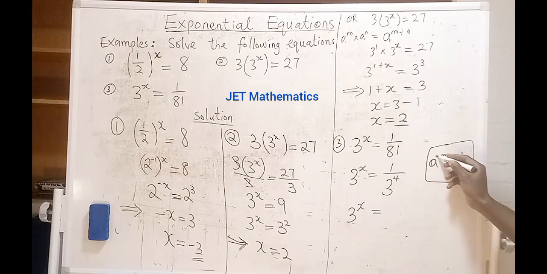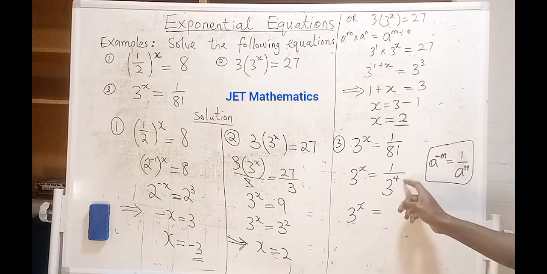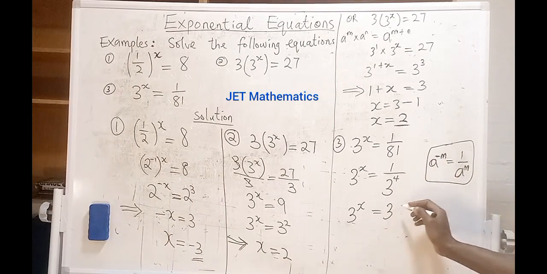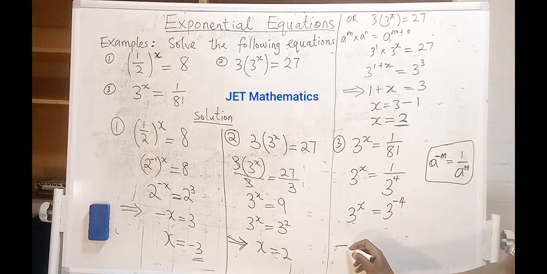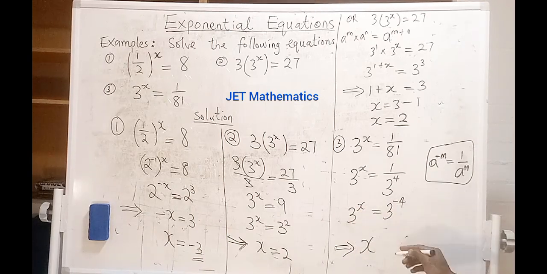Applying that here, this can be written as 3 raised to power minus 4, and this implies that x, since here is 3, here is 3, is equal to minus 4. Alright, so these are very simple examples.